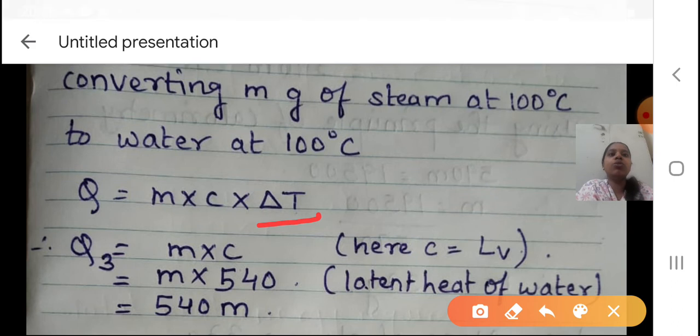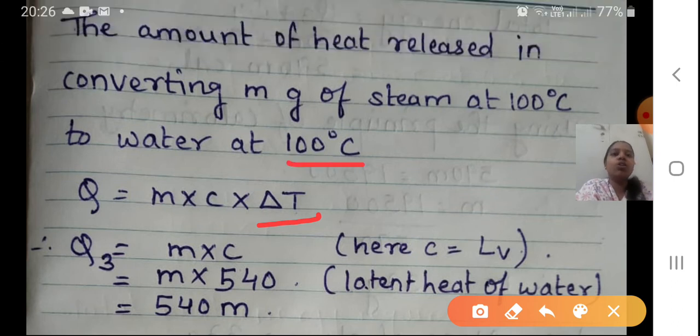Delta T here is 0, so no difference is there, delta T will not be there. Here we will take LV, our C value will be LV. Now LV of steam is given to us, that is 540. So M we don't know, M multiplied by 540. So Q3 is equal to 540 M.